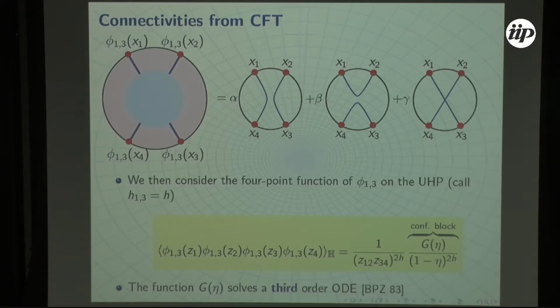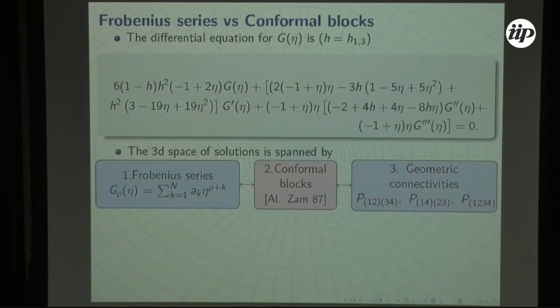It encodes a certain representation of the conformal group, which is associated to this 4-point function. Okay? So now the recipe is the following. This is the third-order linear differential equation, which is solved by the function g. So there is a well-defined prescription to write this linear differential equation.